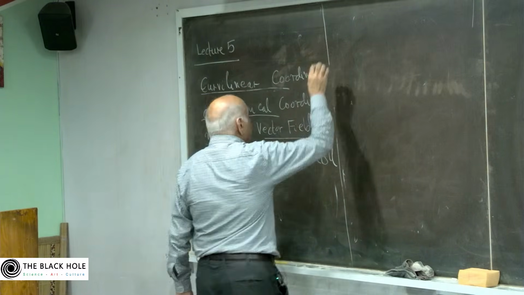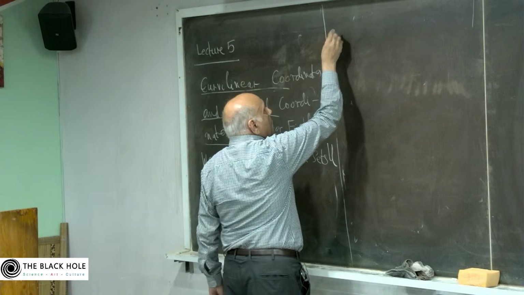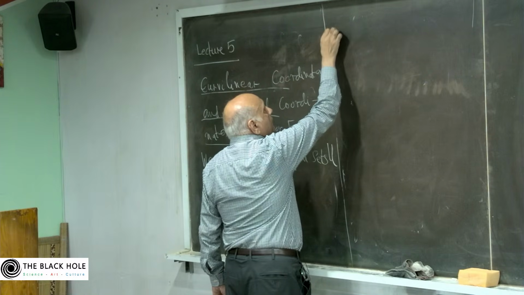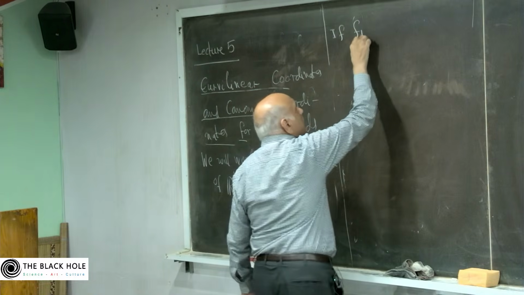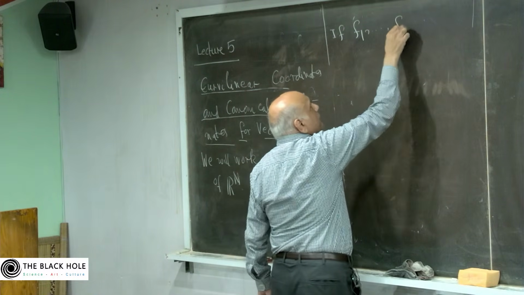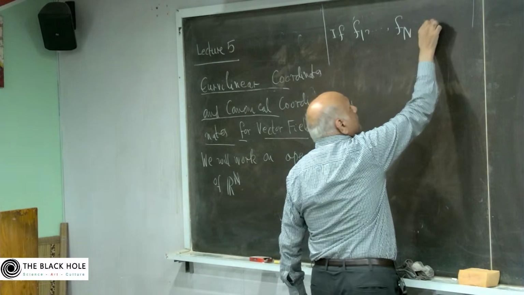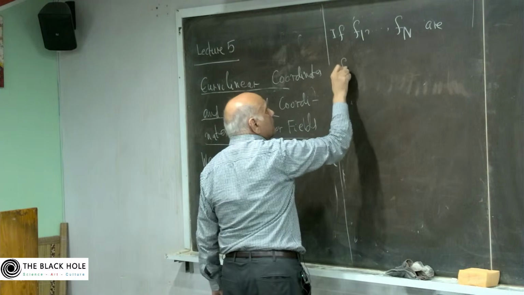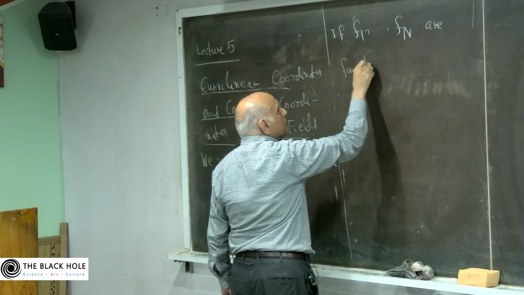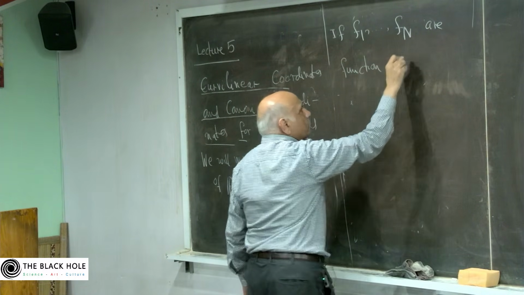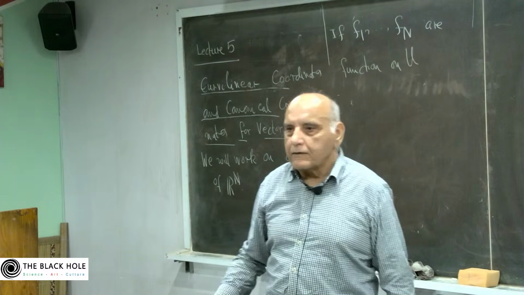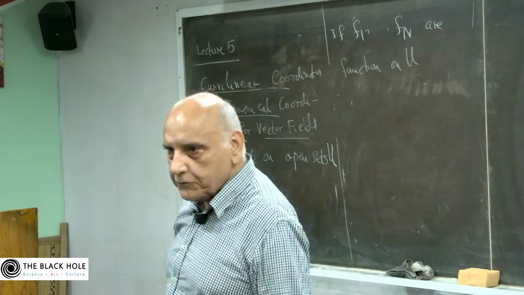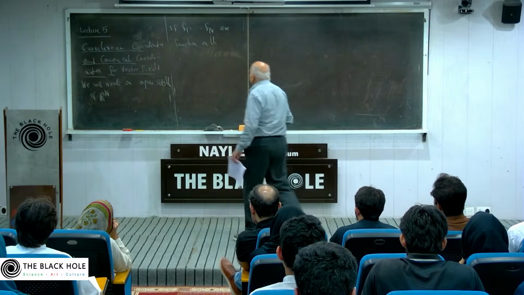Functions: if f1 up to fn are functions on U, so they are functions of how many variables? n variables, x1 up to xn.